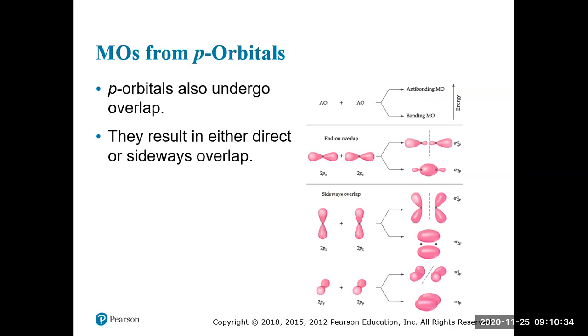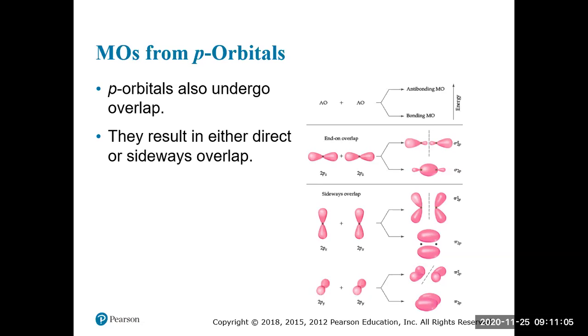So up until now, we've been looking at just the s orbitals. The p orbitals can also undergo overlap, and we get a little more complicated density plots when we start looking at those. So let's take a look at that, because there's a couple different ways that these p orbitals can overlap.